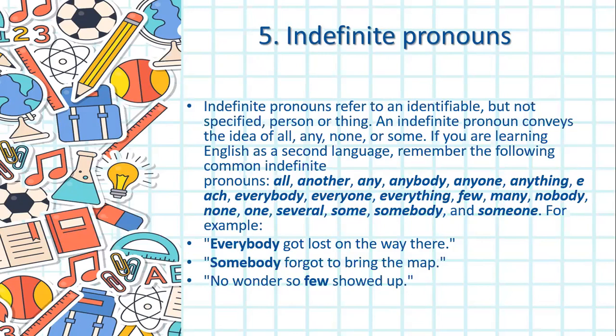As you know, if the word starts with any, anybody, anyone, anything, this means someone whom we don't know. Yes, if the word consists of every, this means that it includes all the things. For example, everyone in the class, so each student in the class.